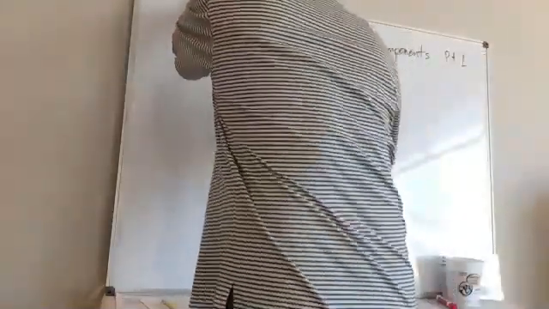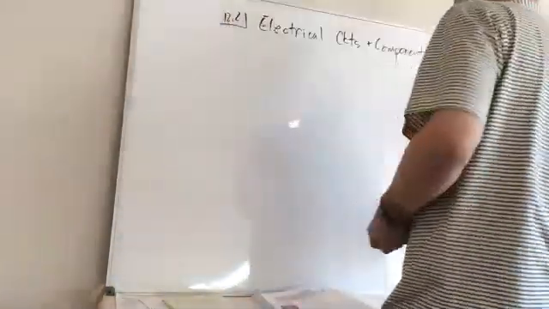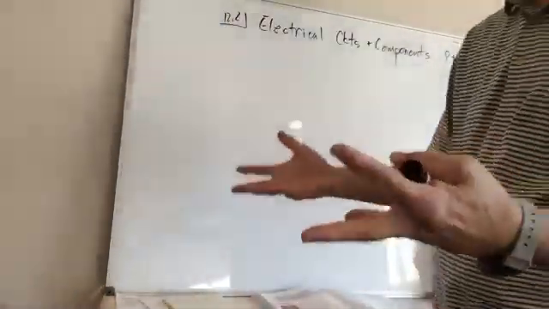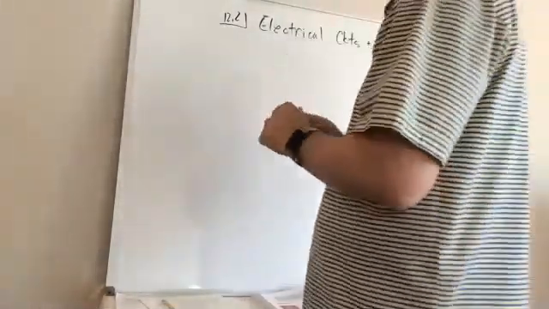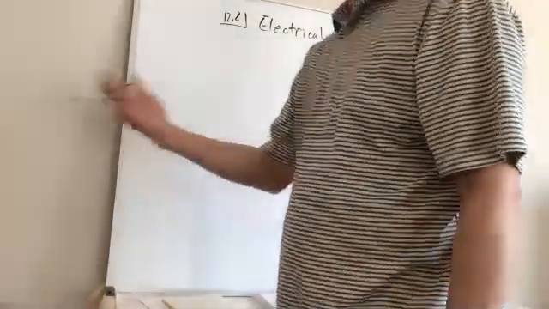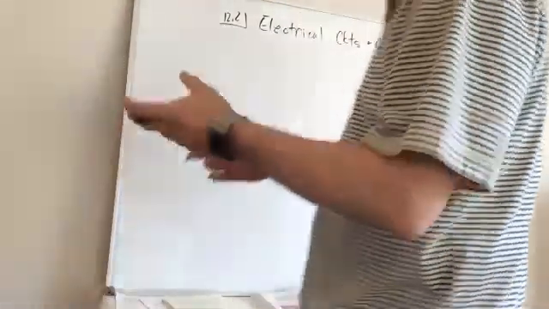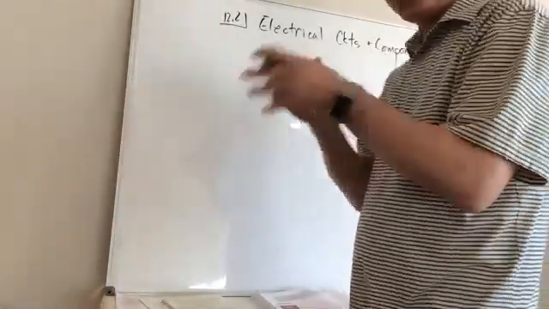Basically, resistance is what? What are you resisting? What does a resistor resist? What does it block or try to block? Electricity. Well, yeah, the current flow, right? It tries to inhibit or kind of stop the current flowing.